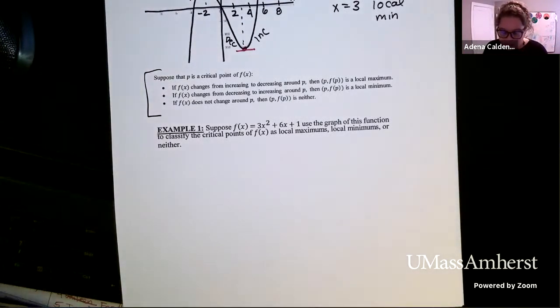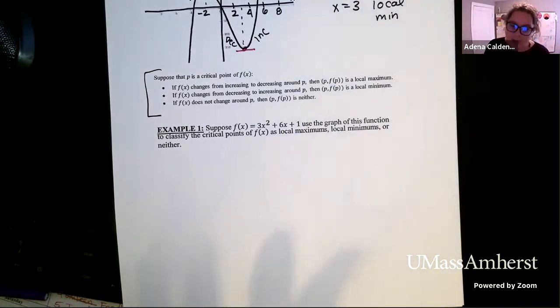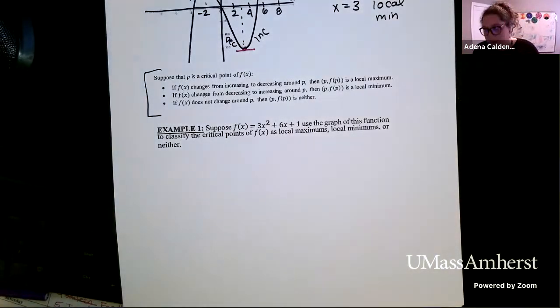Okay, so again, the first step is to find the critical point. And then the second step is to use the picture to determine what kind of critical point it is.